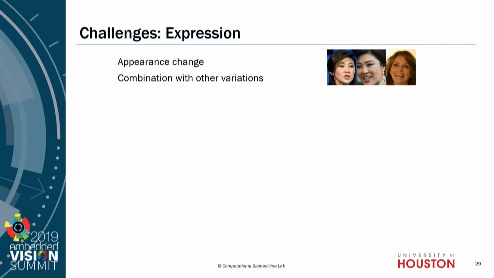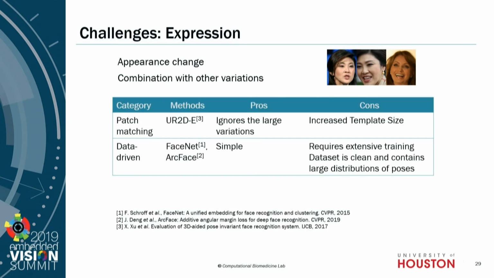Again, we have changes and challenges of expression. Many of us lived through the era when we had to take the passport photos not to smile. We don't see the need for this anymore, correct? Because we have developed algorithms that allow us to take advantage of the changes of the expression. This comes at the expense of increased sample size or increased number of data for training data-driven algorithms.